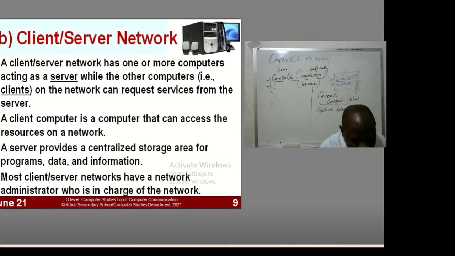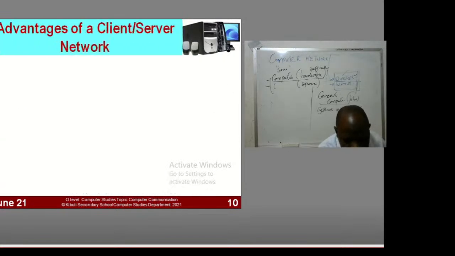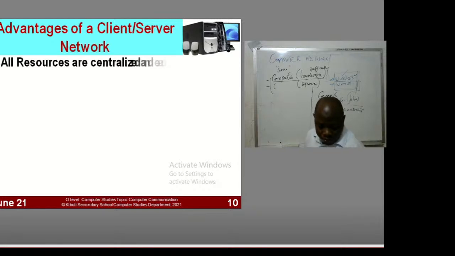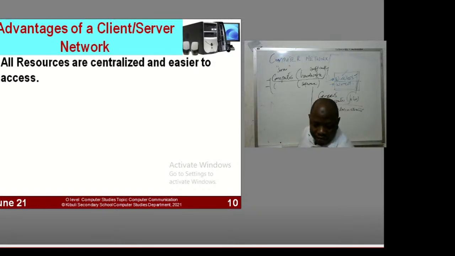Then, we look at the advantages of what we call a client-server network. Now, the advantages we look at when all resources are centralized and are easy to access. That is number 1.